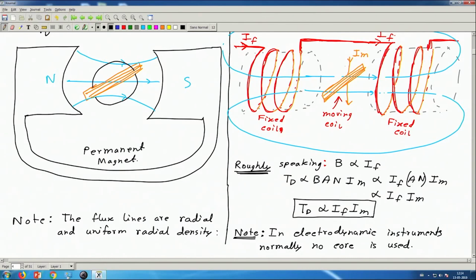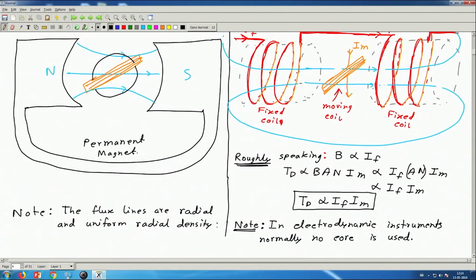There is no core here. Also, these fixed coils also do not have any core. That is why I have not drawn any core here. I have just drawn a dashed line for ease of drawing, but there is no core. I will tell you later why we do not use any core. But right now you just know that there is no core in electrodynamic instruments.